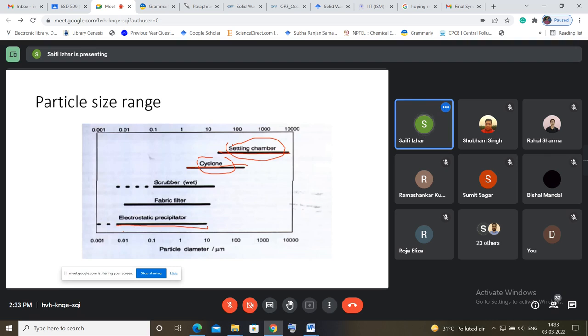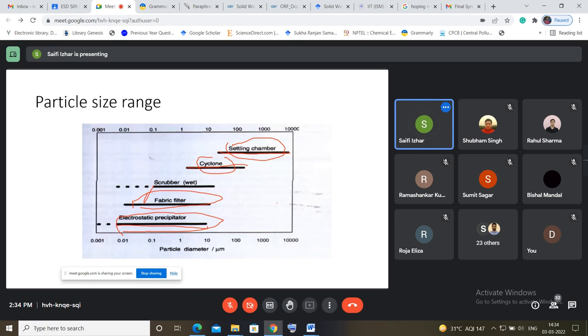So whenever a fine particle is being asked, it is electrostatic precipitator and fabric filter. This we will talk about. These two are more dominant for small size, fine particles. Basically for coarser particles, cyclone and settling chamber are preferred for the removal of particles.